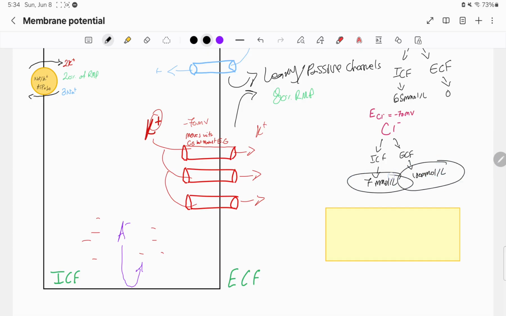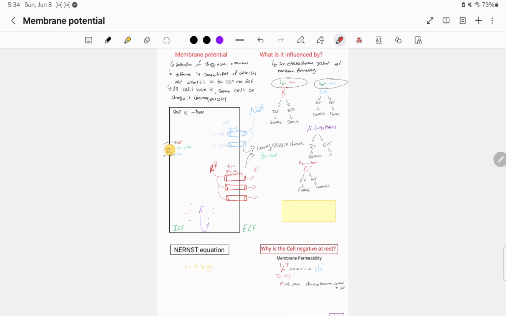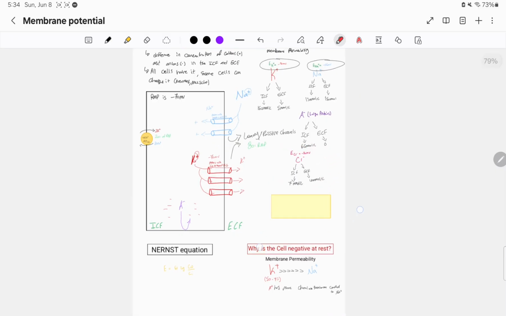Even though the concentration gradient exists for chloride to move into the cell, its electrical gradient is matching that concentration gradient, which means that the ion is at equilibrium, all right? Meaning that there's going to be no net movement, which means no net difference in charge, which means no contribution to the membrane potential, because the membrane potential is a difference in concentration of cations and anions, which are just charges. Okay, so things like chloride don't actually have an effect.